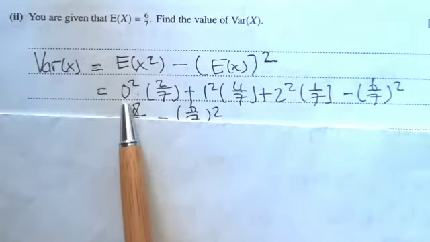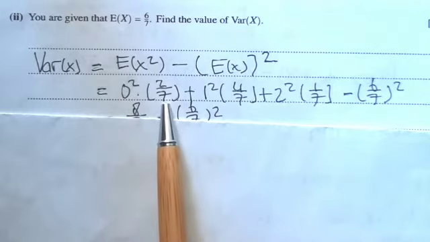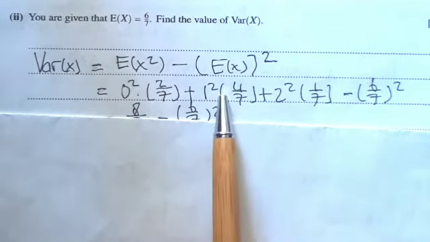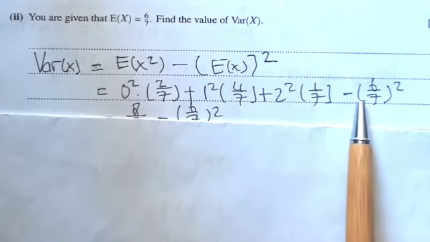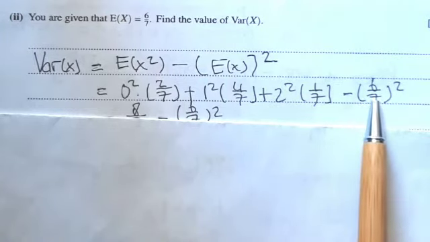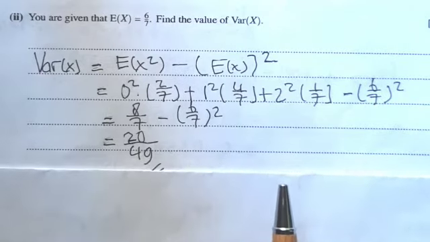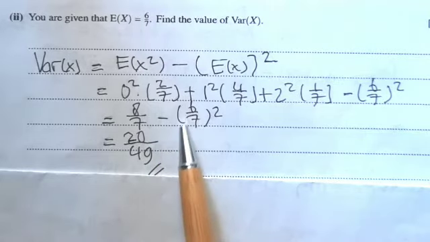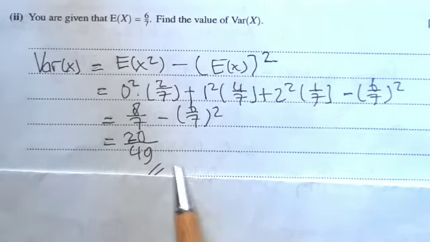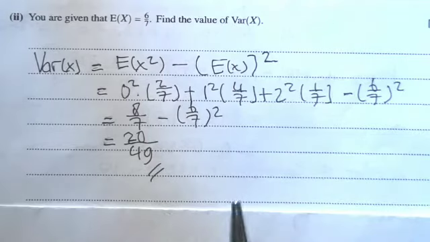Expectation of x squared is 0 squared times 2 over 7 plus 1 squared times 4 over 7 plus 2 squared times 1 over 7, minus the expectation of x squared, that is minus 6 over 7 squared. That is 8 over 7 minus 6 over 7 squared, which is 20 over 49. Thus this is the variance of x.